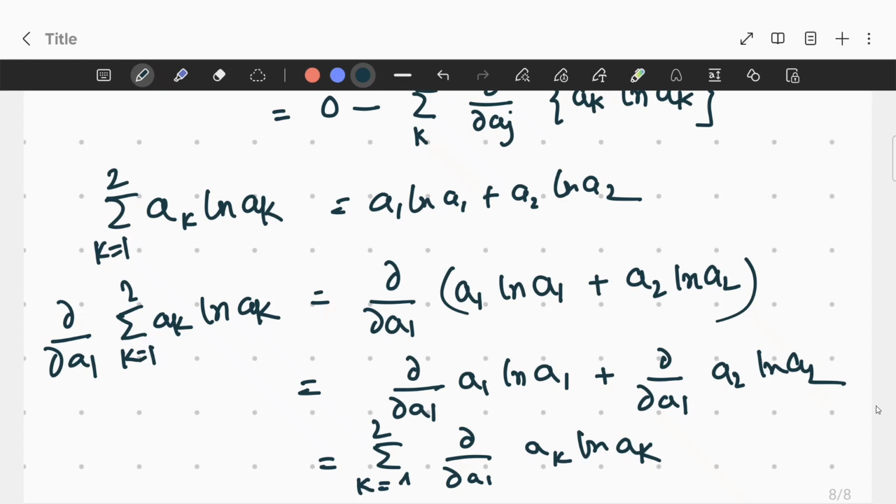You think it's wrong? Just check it. So can I write it? Yes, we can write it. So what is the reason? Because derivative or differentiation, whatever you want to say, is commutative with addition.